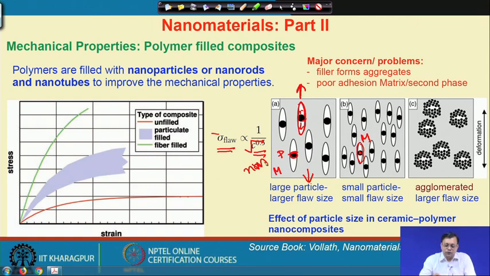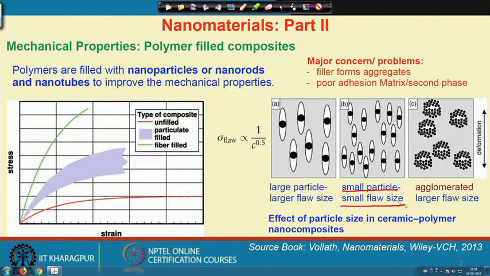So we expect a higher strength of a composite in presence of a flaw, and this is a very important aspect. Smaller the particle size, smaller the flaw size; larger the particle size, larger the flaw size. So here strength decreases, here strength should increase, and higher strength can be achieved in case of nanocomposite.